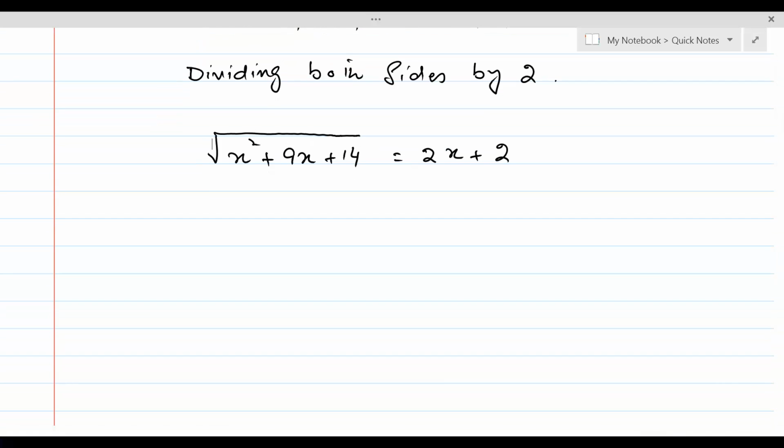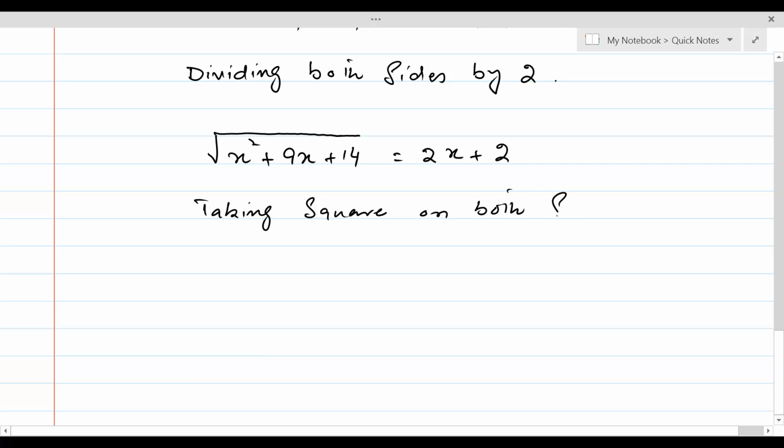Taking square on both sides, we will have x squared plus 9x plus 14 equal to 4x squared plus 4 plus 8x.